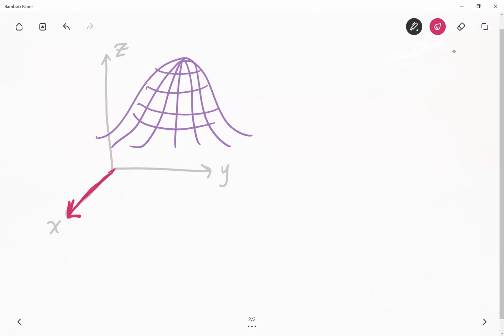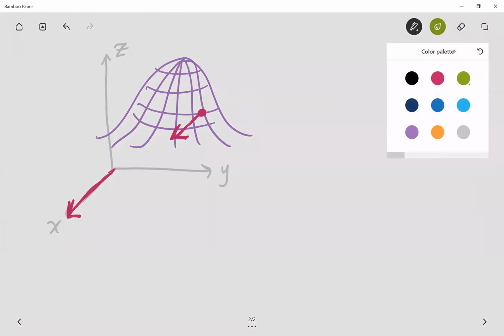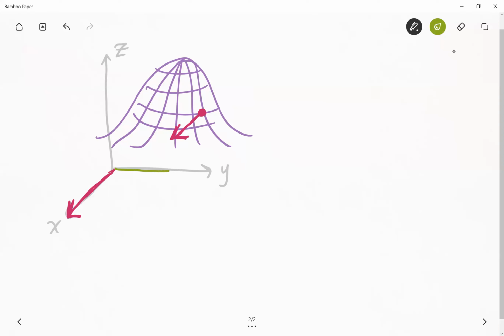So at some point, you might pick some point on your curve. You might figure out how quickly the height is changing as you travel in that direction. You know, maybe you're going downhill a little bit from that particular point. If we look parallel to the y direction, and from this point, maybe we're kind of going around the hill, and there's a certain rate of change of the function in that direction.